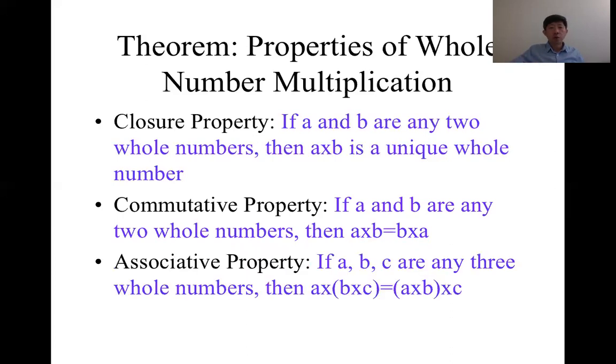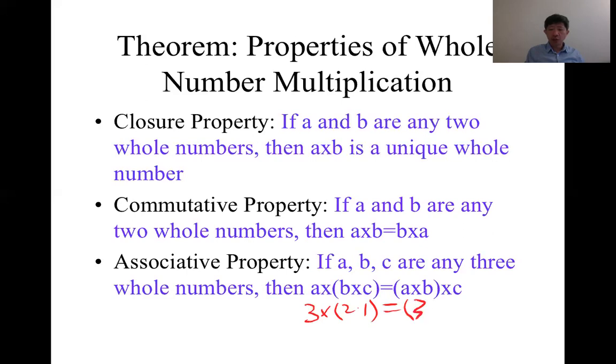Next, associative property. If A, B, C are any 3 whole numbers, then (A times B) times C is equal to A times (B times C), all right? So let's say A is 3, B is 2, and C is 1.